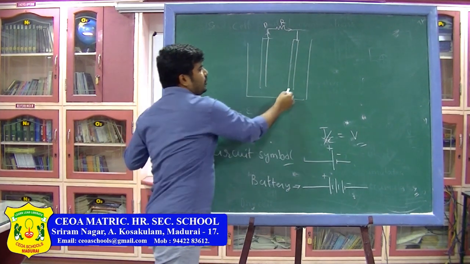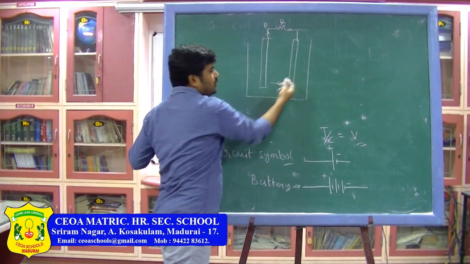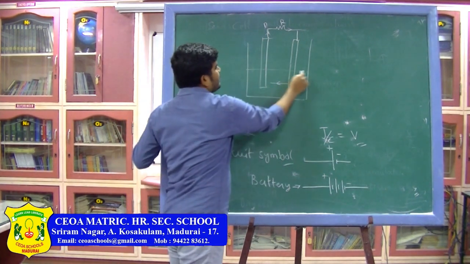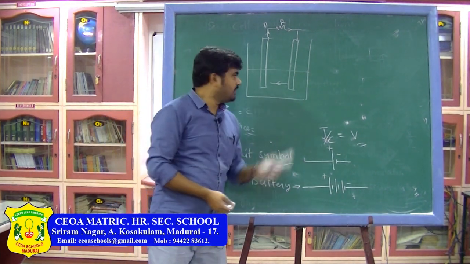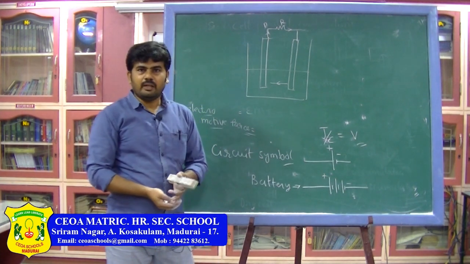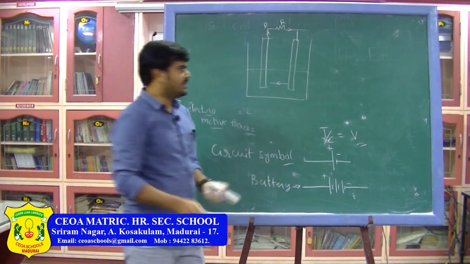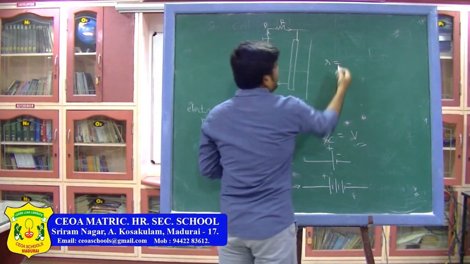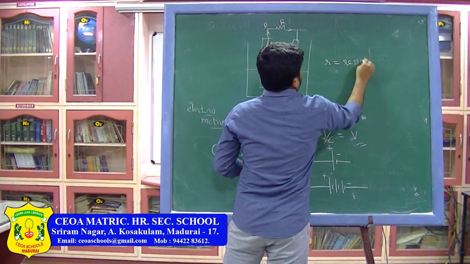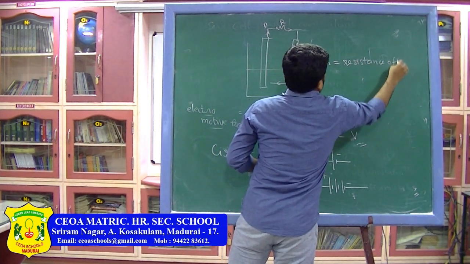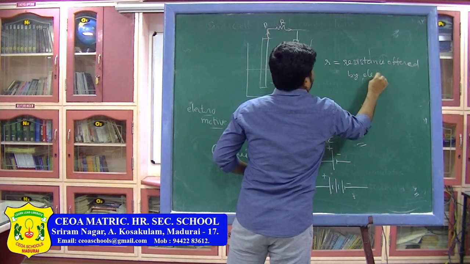But when it is moving from negative to positive inside the cell, it has to move through the electrolyte solution. So the electrolyte solution will offer some resistance to the flow of current. That resistance offered by the electrolyte solution to the flow of current is called internal resistance. Internal resistance is generally represented with small r. Small r is the resistance offered by the electrolyte solution.